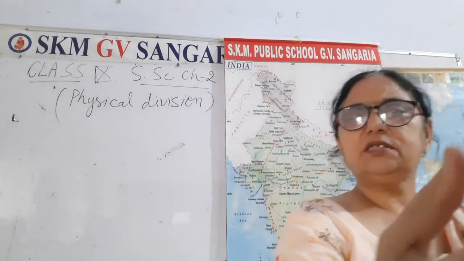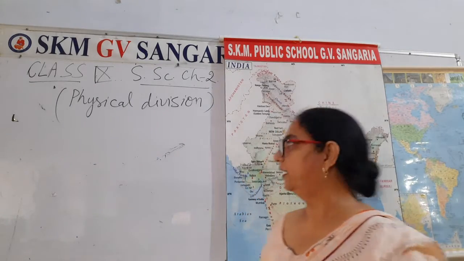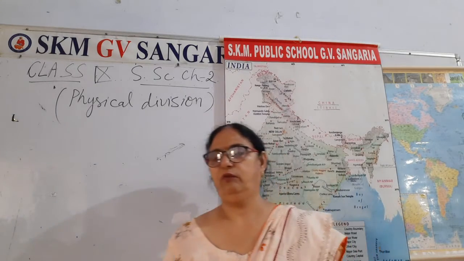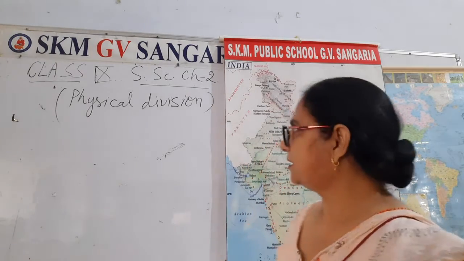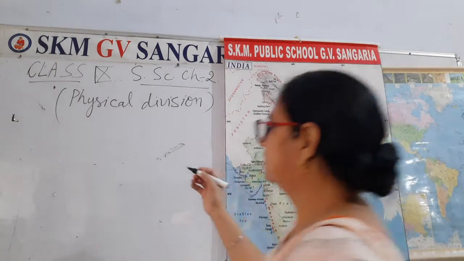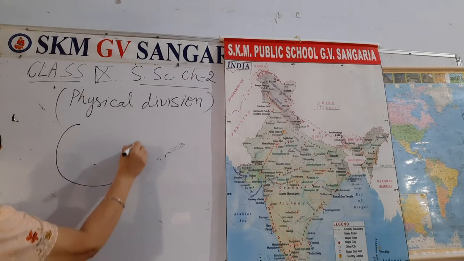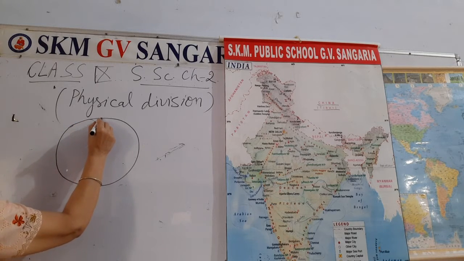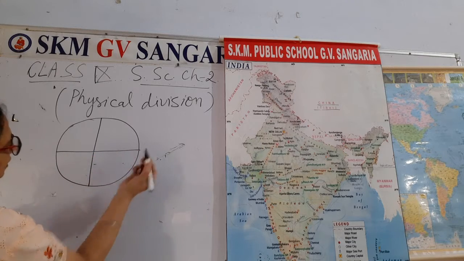Different scientists have given their theories regarding how this crust was made and how it came into existence. Suppose this is the earth, with its prime meridian and its equator.